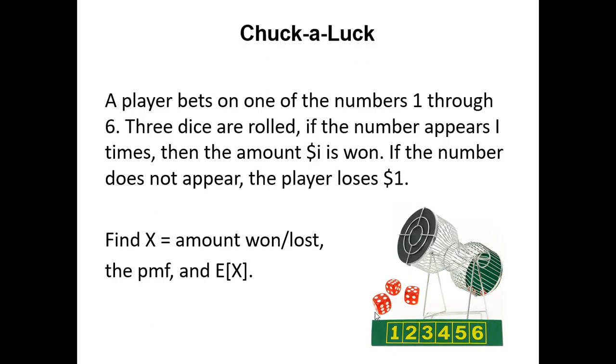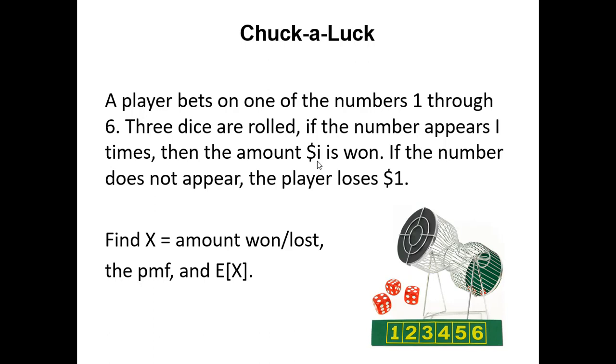If the number appears 1 time, then the amount won is, let's say, $1. Now here, I've written this out where it says if the number appears I times, the amount won is $I. So if the number that the player chooses appears once, then $1 is won.